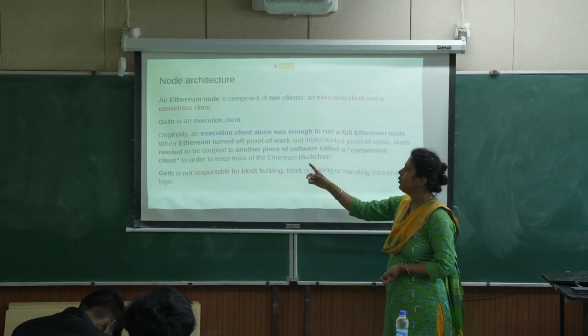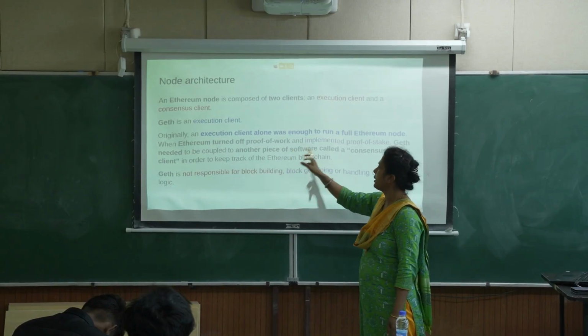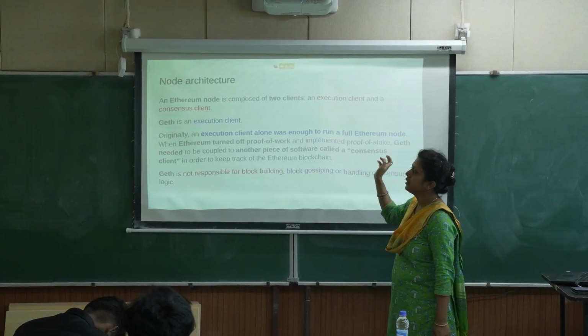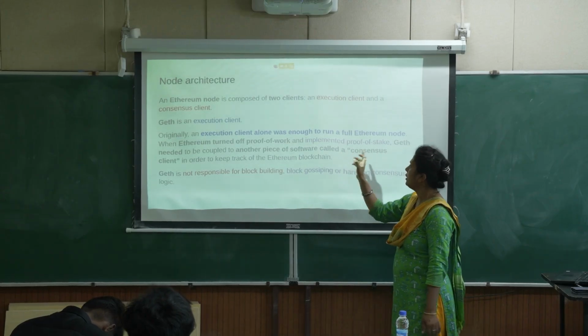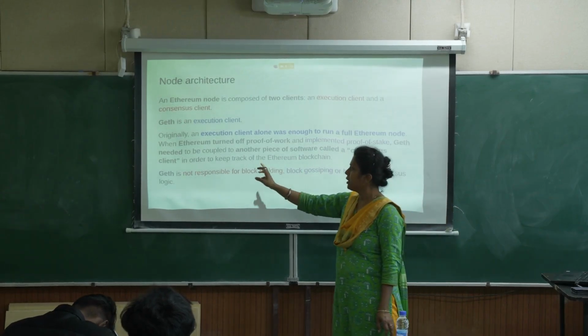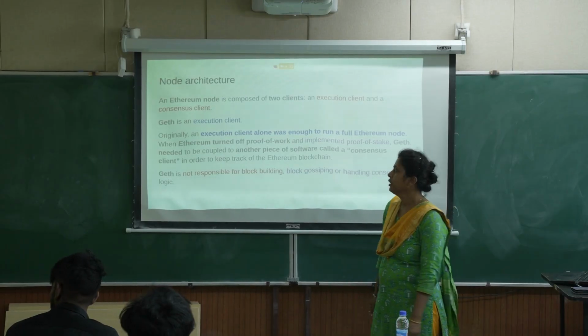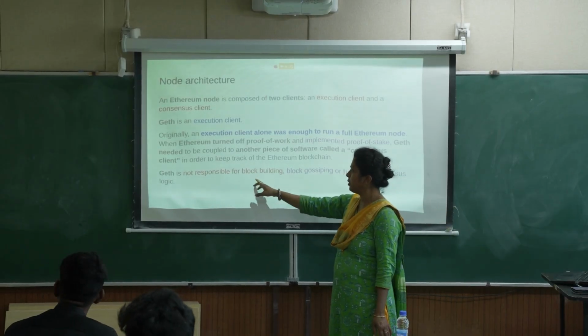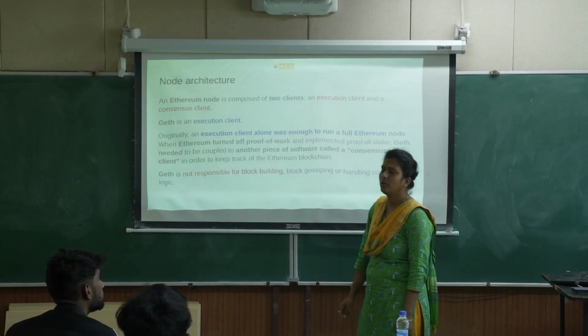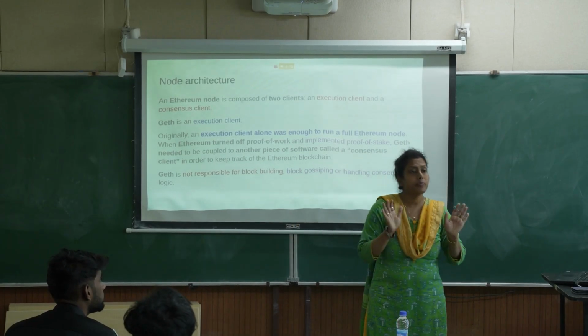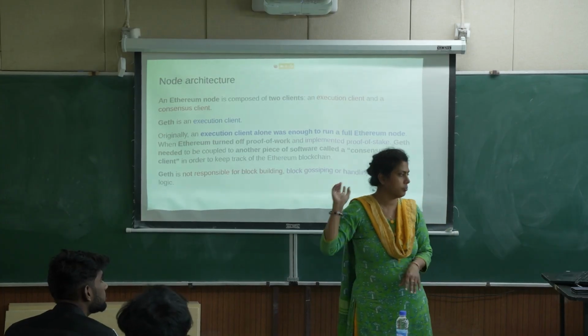So when Ethereum turned off proof of work and implemented proof of stake, Geth needed to be coupled with another piece of software called a consensus client in order to keep track of the Ethereum blockchain. Geth is not responsible for block building, block gossiping, or handling consensus logic. All the consensus logic is performed by the consensus client.